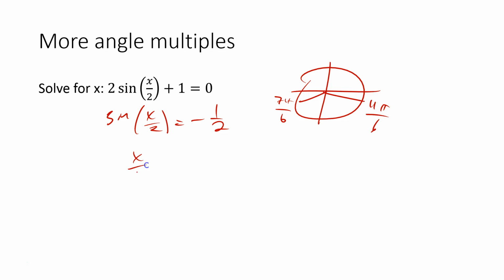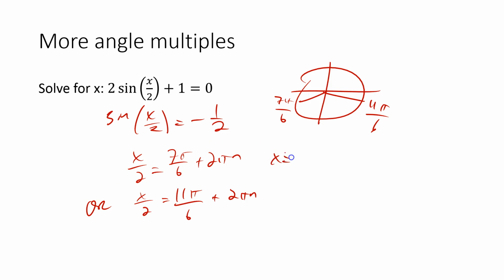So we know x over 2 could be 7 pi over 6 plus 2 pi n, or x over 2 could be 11 pi over 6 plus 2 pi n. So now what we're going to do is multiply by 2.